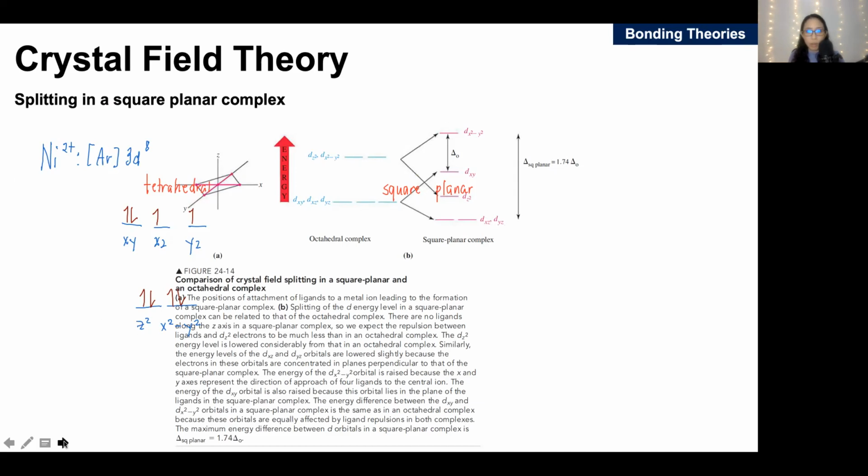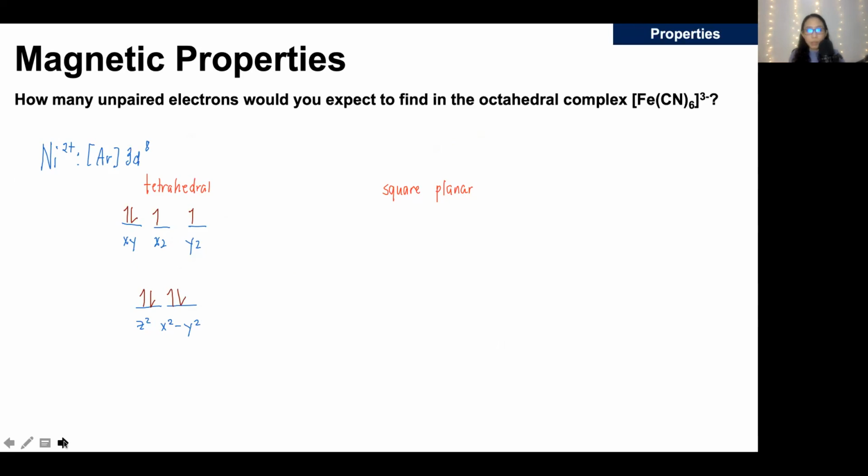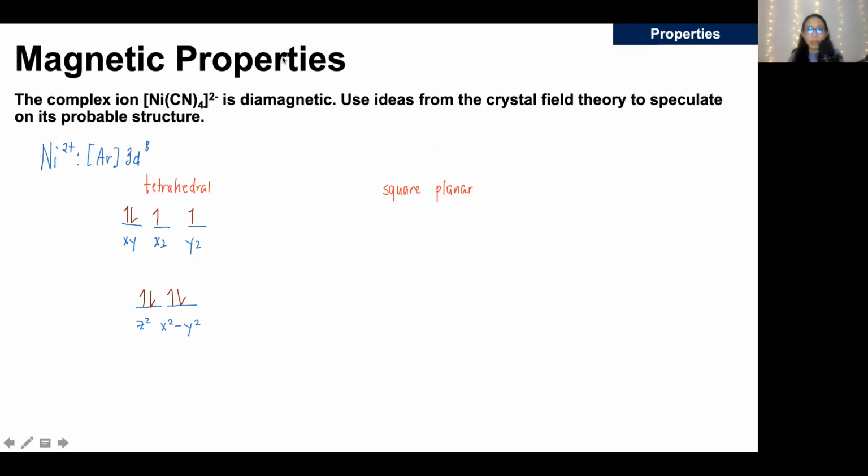What do I mean by that? Let's draw it. This is x squared minus y squared, followed by xy. Then you have z squared, and then xz and yz.